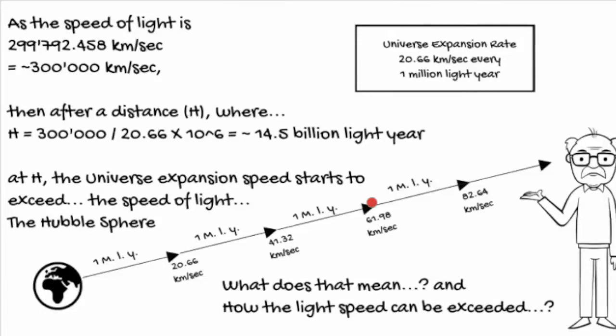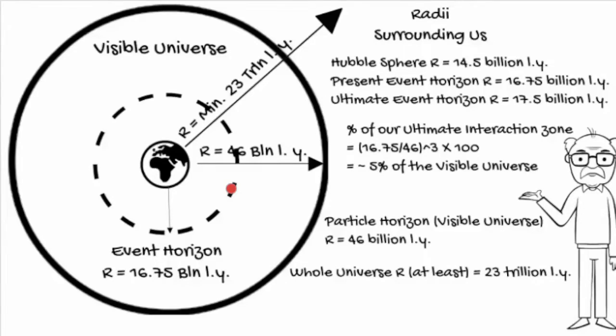And here, on this dotted line, we could say this is the point where the universe emitted its first light, when the universe was 380,000 years old.